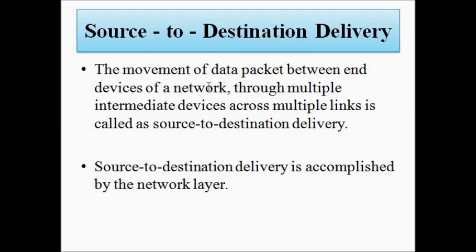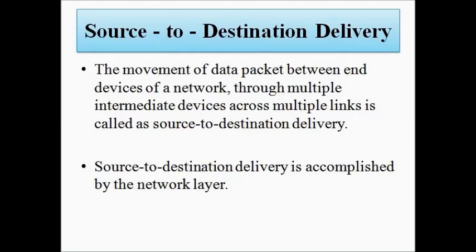So there is no direct transmission of data, but the data is transmitted to the receiving device indirectly through multiple intermediate devices and multiple links. This source to destination delivery is accomplished by the network layer.